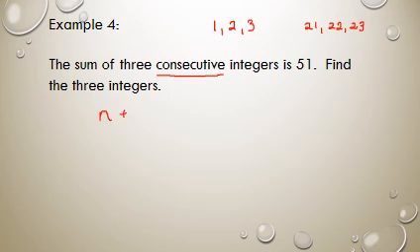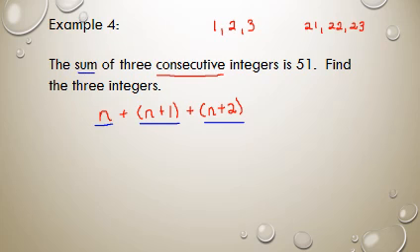Well, 1 right after n is n plus 1. And then the 1 right after that would be n plus 2. Okay, so right here I've got the first integer, the second integer, and then the third integer.